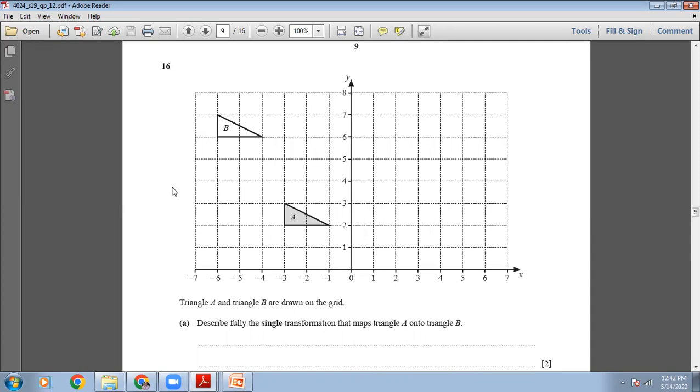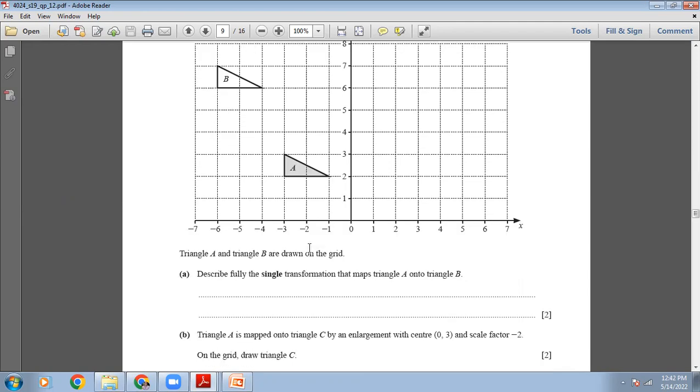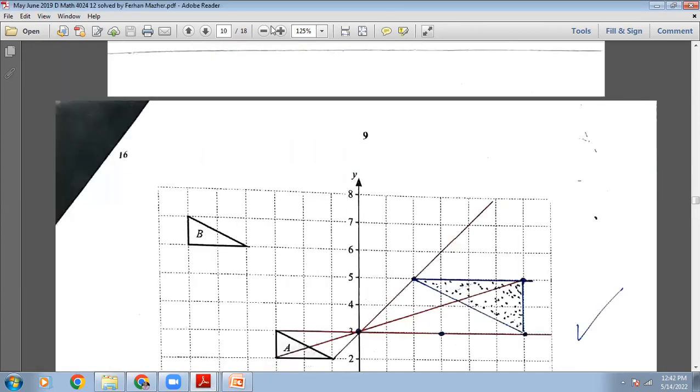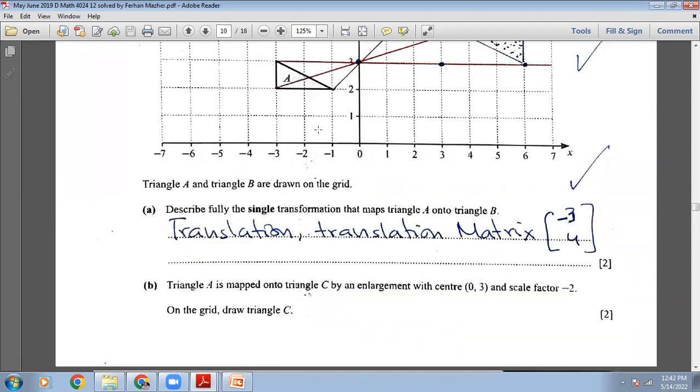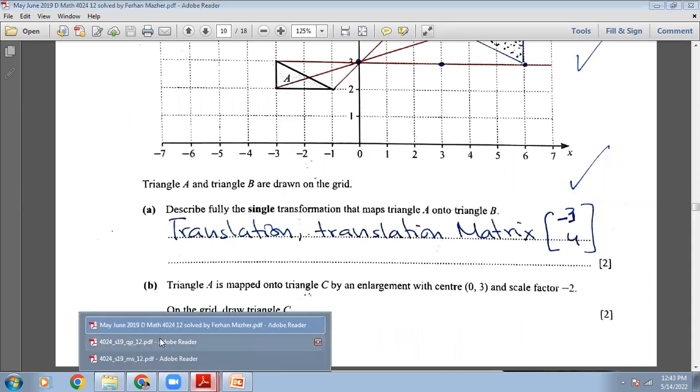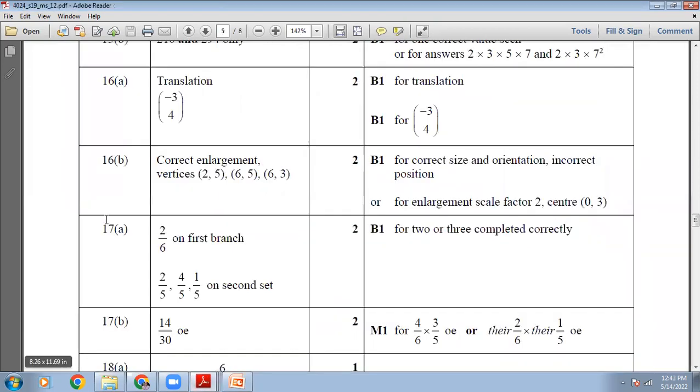Because you moved 3 steps to the left, it's -3, and because you have moved 4 steps upward, that is +4. So this is a translation, and the translation vector is (-3, 4). Let's have a look at the marking scheme. -3, 4 is the right answer.